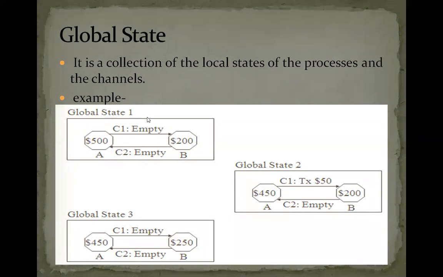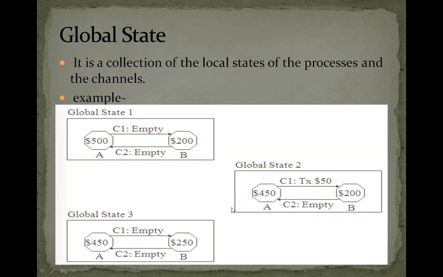Meaning thereby, in the global state 1, the state of A is recorded, and in the global state 2, the status of B as well as the status of the channel which is in communication is recorded.